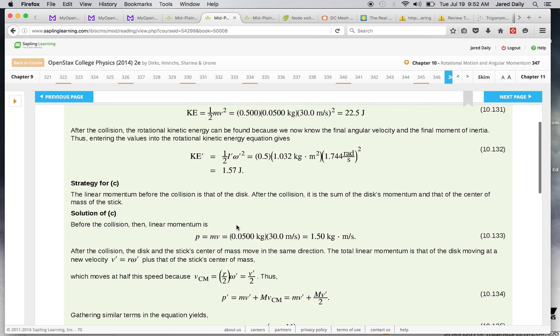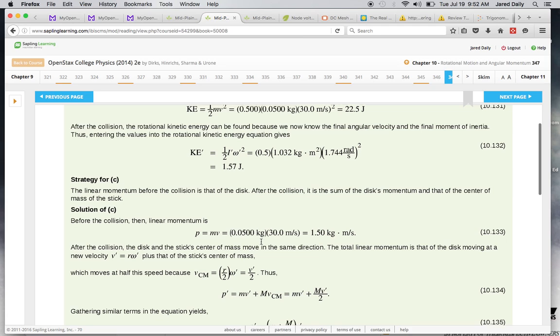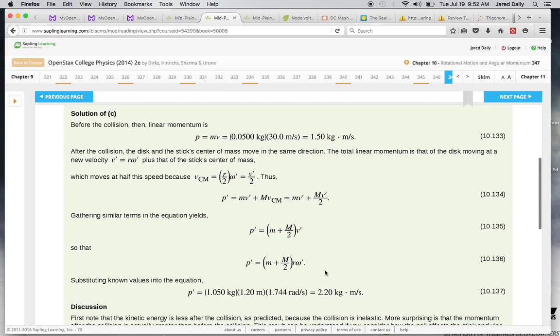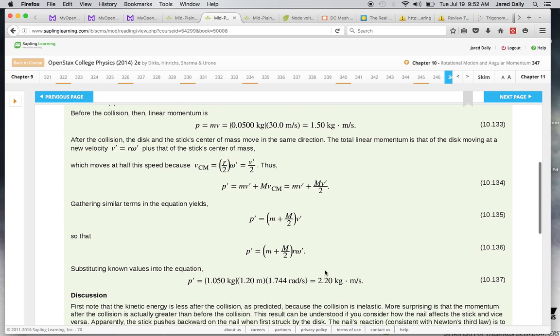Now we talk about the linear momentum of the system. You have a linear momentum, m times v of the puck beforehand, and a linear momentum afterwards of the rotating of the stick. Here we can do that, and they do it here. They take essentially an average, which is the linear momentum of the center of the stick, and the mass on the end of the stick, which is the puck.